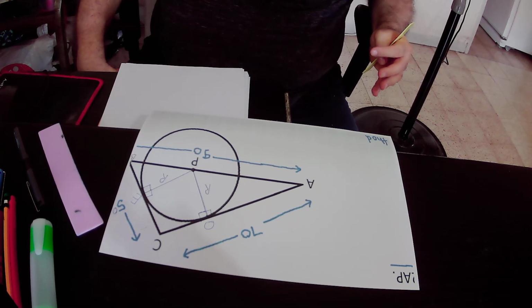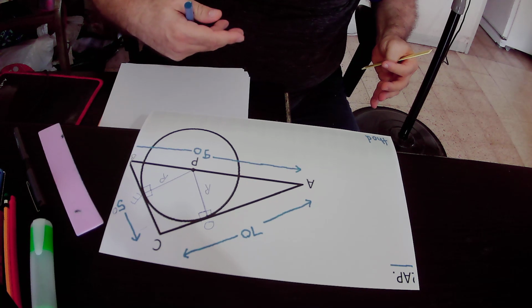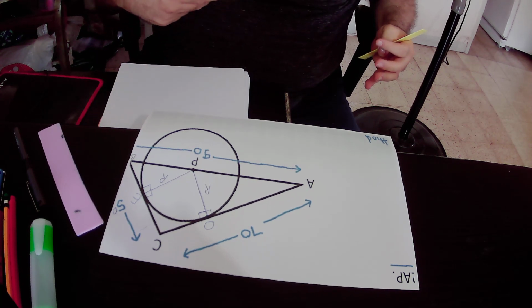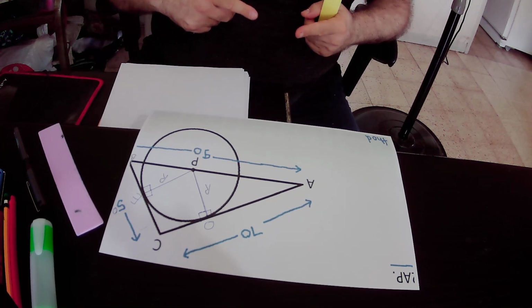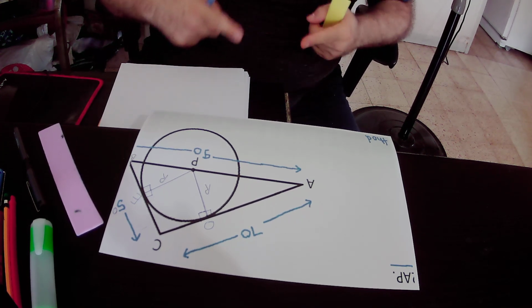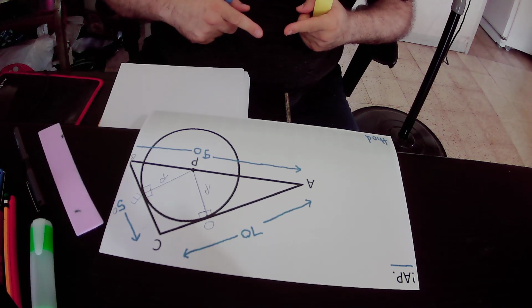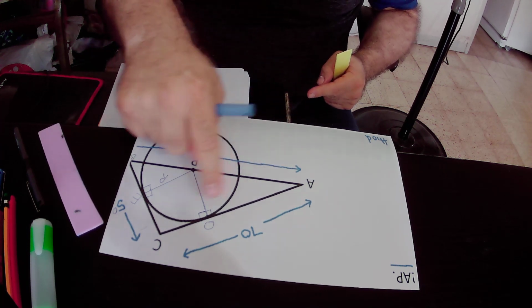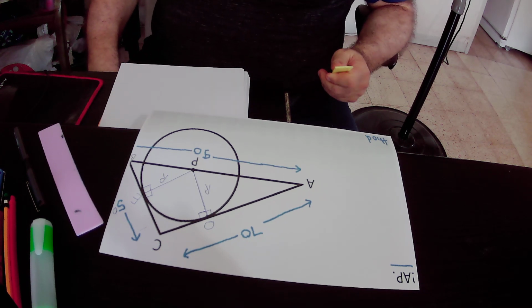Again, in any circle, the interaction between a radius and the tangent to that radius creates 90 degrees.